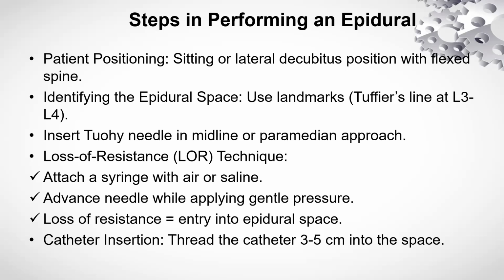Saline is preferable. As you advance the needle gently into the epidural space, you apply gentle pressure. And once you enter into the epidural space, you'll feel that loss of resistance that shows you that you are in the epidural space. So it's at this time you insert your catheter about 3 to 5 centimeters into that space.